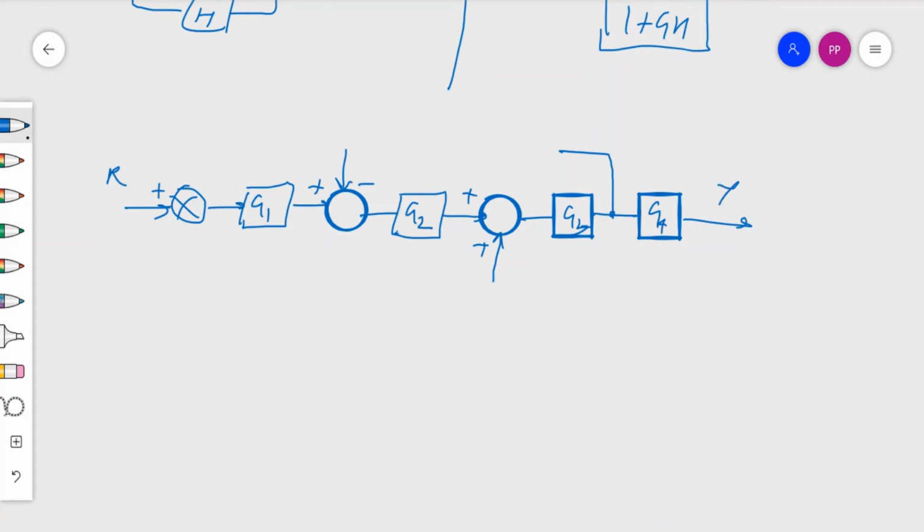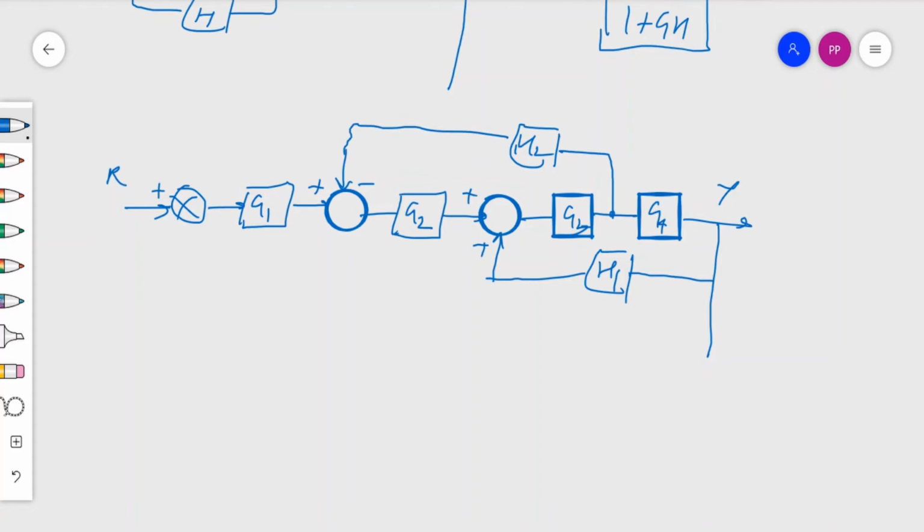From Y I am getting a takeoff point with feedback filter H1, that is going to this point. The takeoff point above has a filter H2, and that is going to be compared at this point.